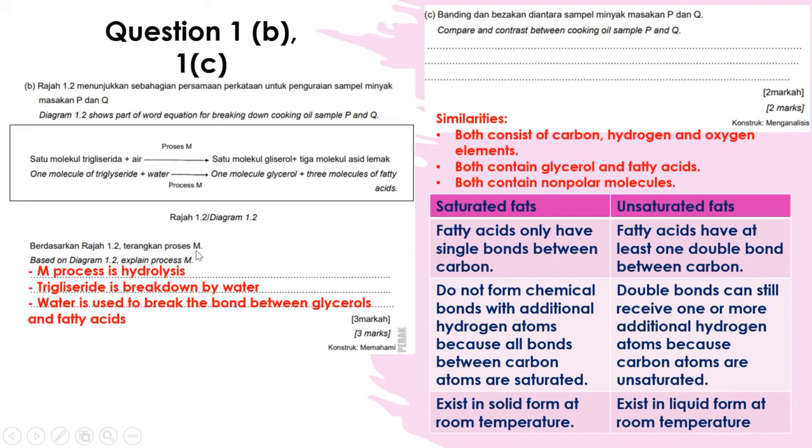Explain process M. You have to explain what process occurs here when the triglyceride is broken down into one molecule of glycerol and 3 molecules of fatty acid. This is the suggested answer. Process M is hydrolysis.